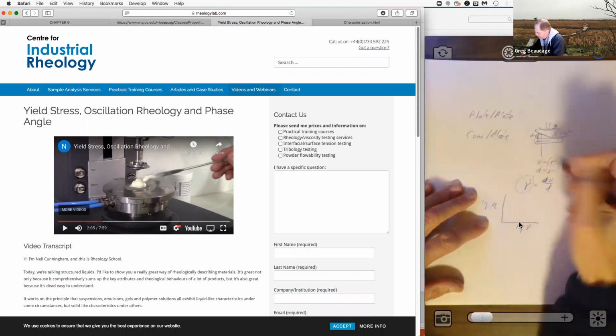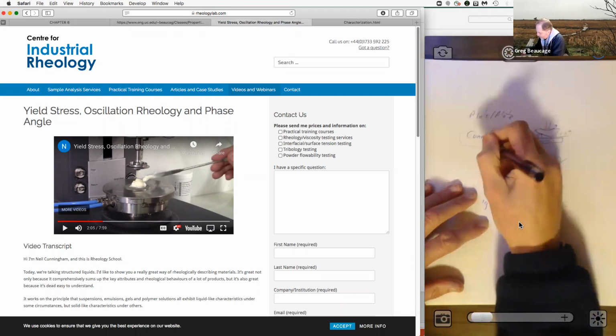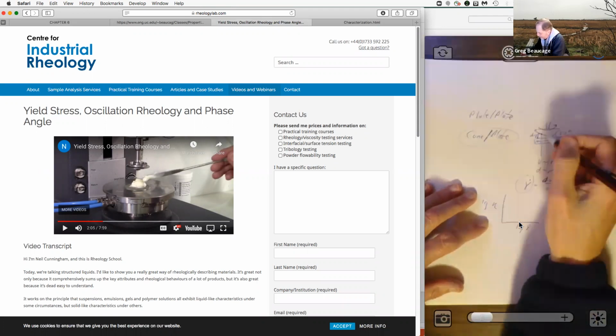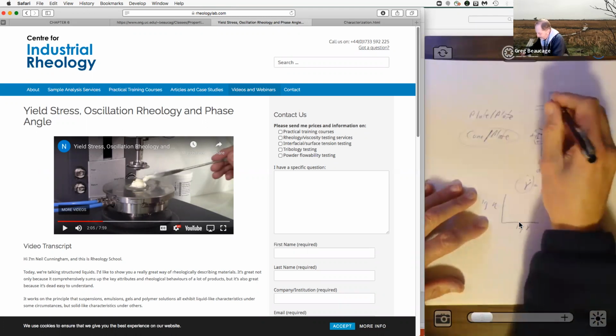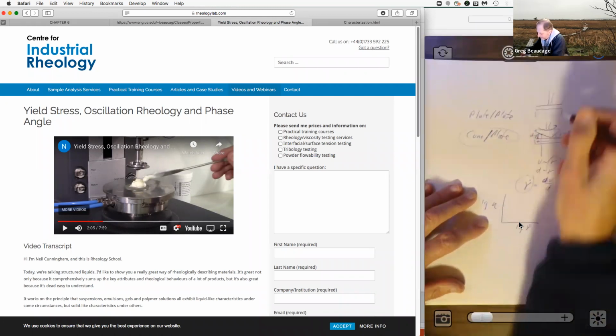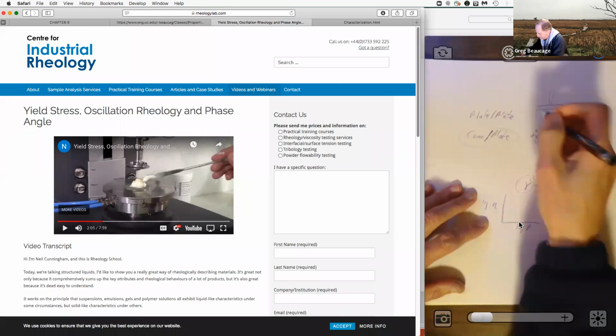So a cone is the ideal setup for this. Since the angle is so small, people often just use a plate. It's somehow easier. The problem with the cone is you can get slip features at different gap lengths. So sometimes for a viscous fluid, plate geometry is used.